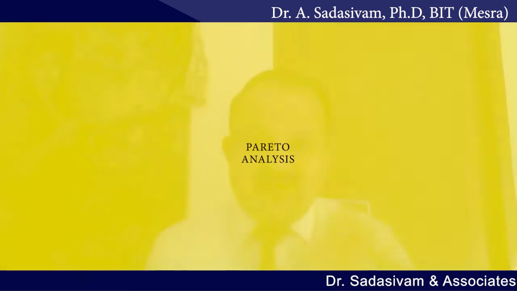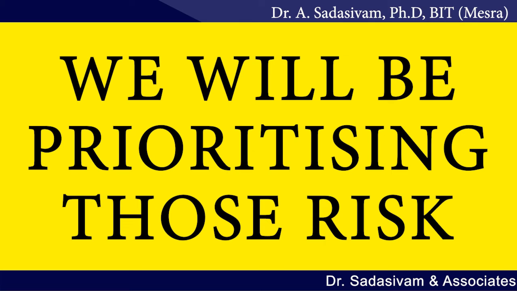That's exactly where Pareto analysis comes into the picture. So we will be taking up Pareto analysis and ABC analysis in this training program, because even here in FMEA, we have something to prioritize. And what is that? We will be prioritizing the risks. If you have 50 different risks in the company, it's not possible for a few people to focus on all of those. Therefore, we will be prioritizing those risks.